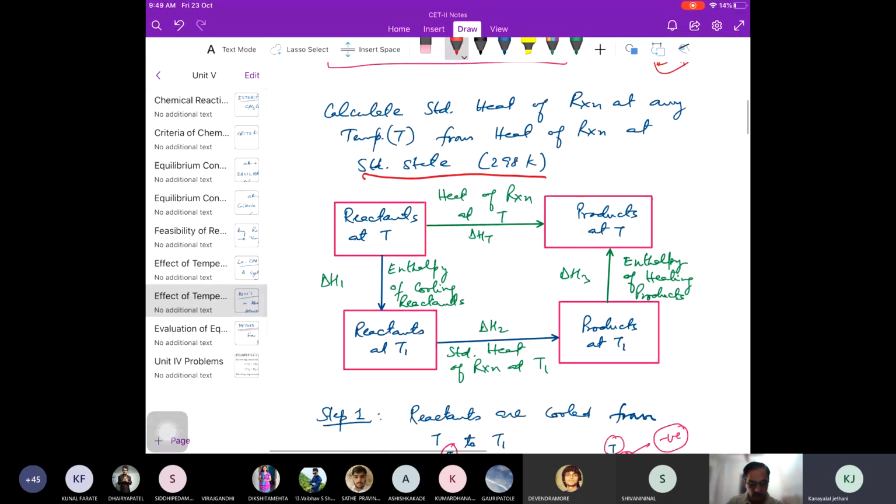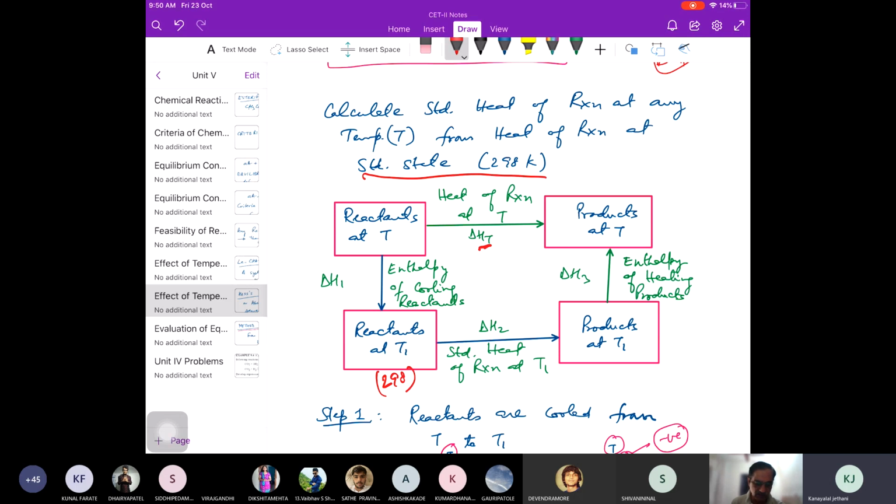Okay. So what we are going to do is take reactants at reaction temperature T, and we want to find the heat of reaction at that temperature T, delta HT. Products are at temperature T. So we go from temperature T to T1, which is now standard state. That means we are cooling it. If this is high temperature, we bring it down to 298. T1 is essentially 298. So we cool it.